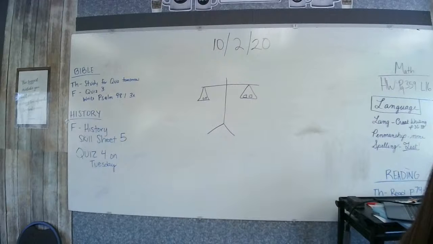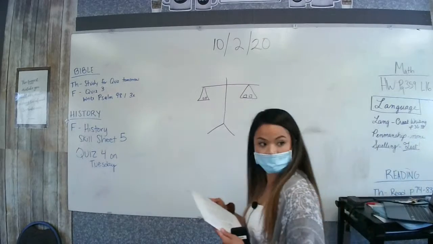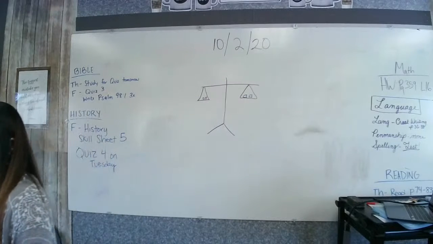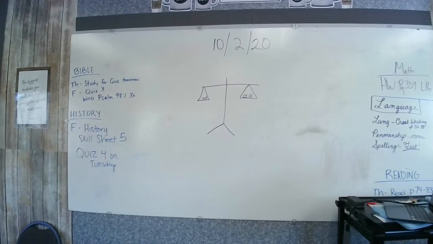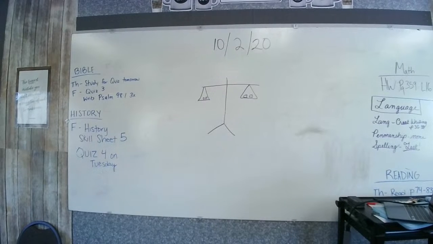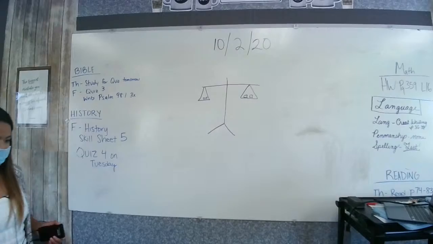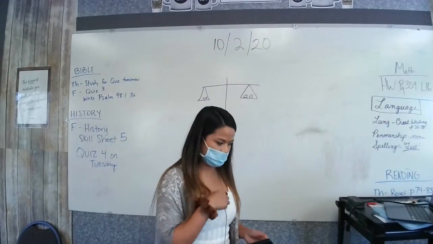Yes, but then let me pass out your reading homework. It's reading skill sheet number 10. Yes, you may. Can I go too? I need to wash my hands. Yeah, just leave your stuff on the desk. Yes, you may actually. But we'll do that in a second, okay?